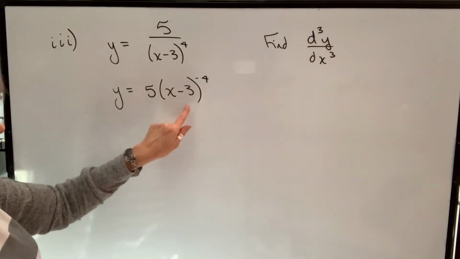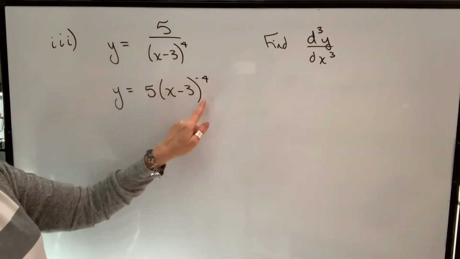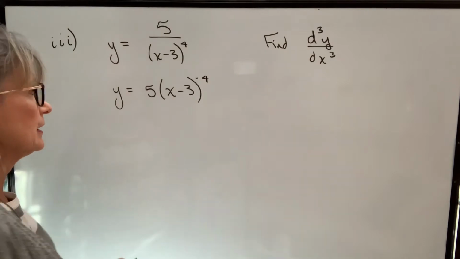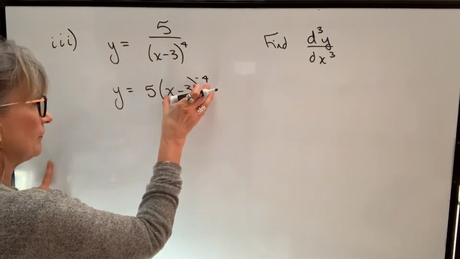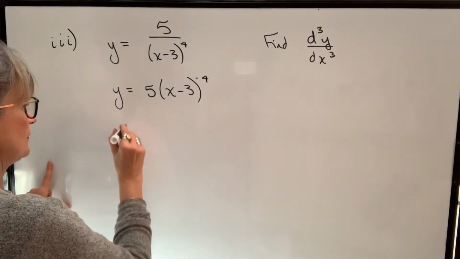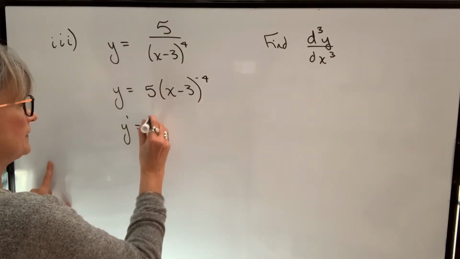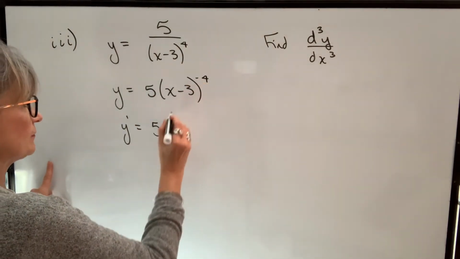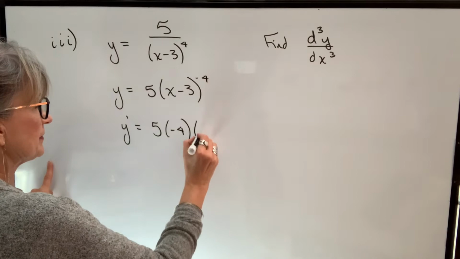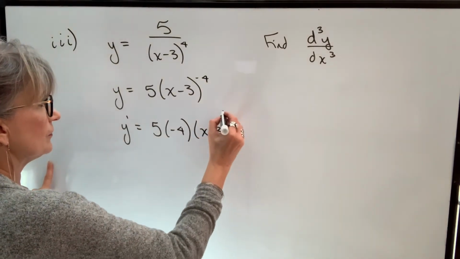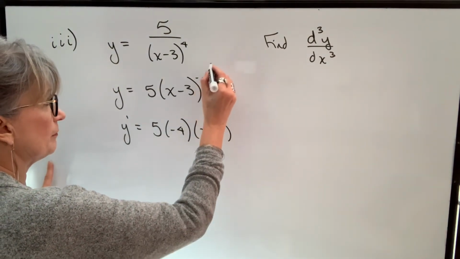But in this case, I would bring it up because I already have a power, so I just make it a negative power. I have a constant times a function, which is a power, so I take the first derivative, which will be 5 times negative 4 times x minus 3 to the negative 4 minus 1, which is negative 5.